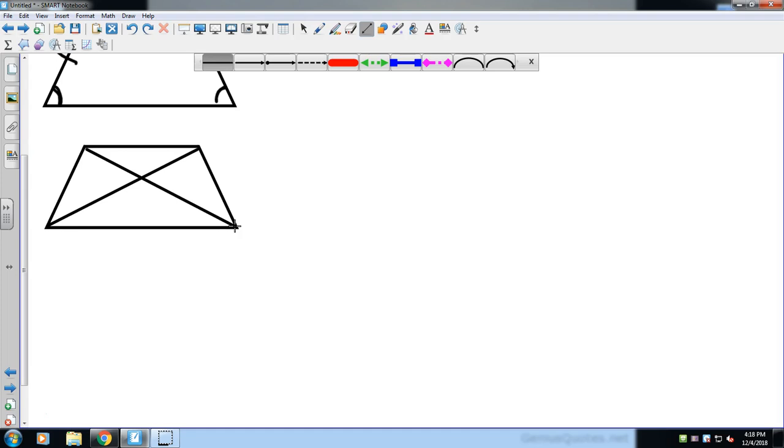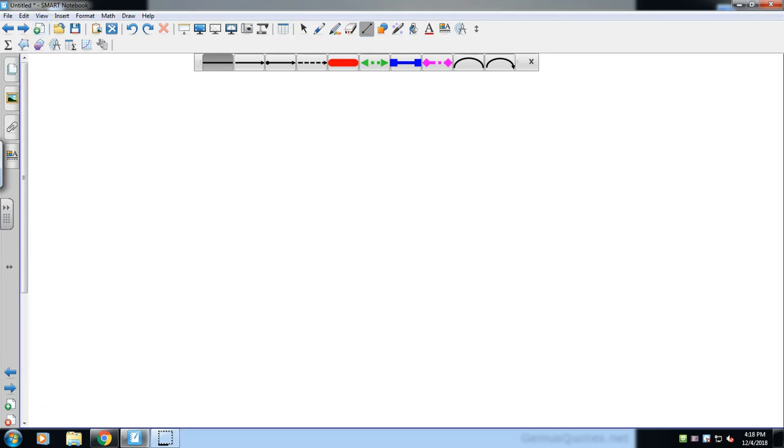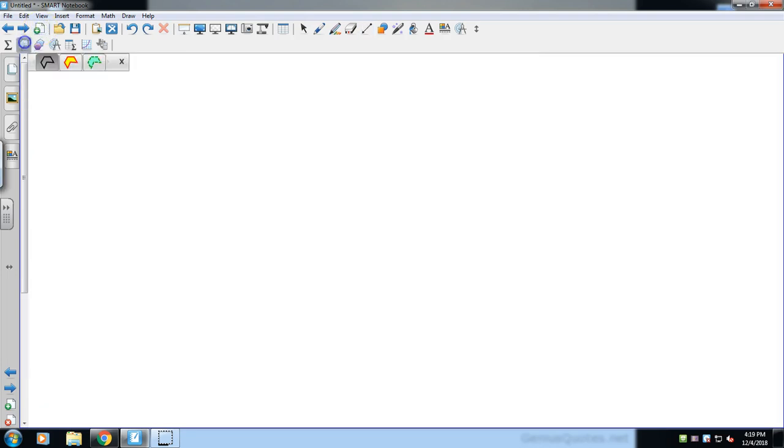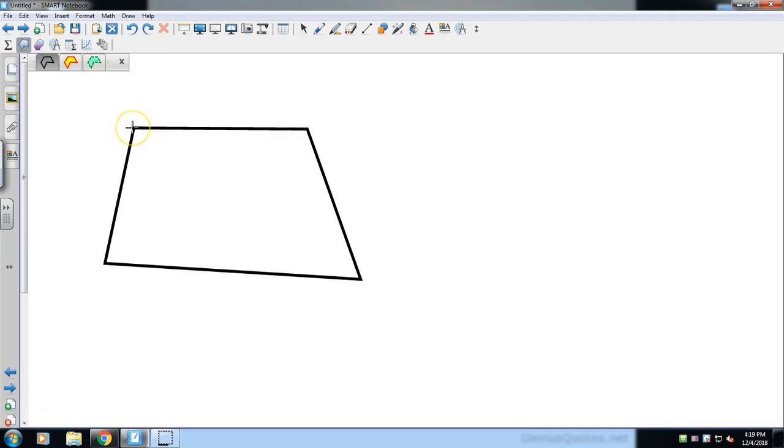So we also have just a standard trapezoid, and I'm going to go ahead and draw one of those. Okay, and so this may not necessarily be an isosceles trapezoid, just a standard trapezoid.